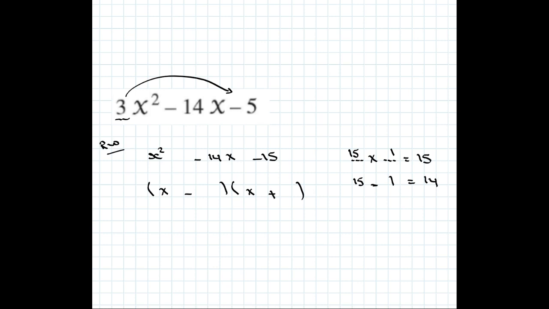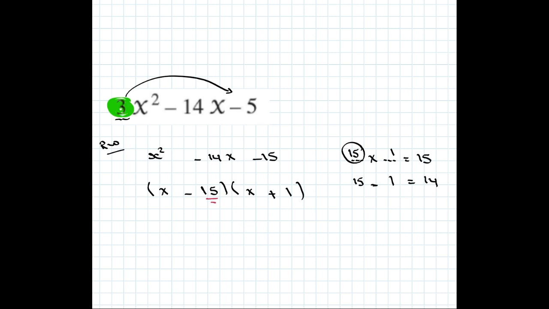I know you all know that. The product of the two numbers is 15 and 1. The greater number 15 will be written with the negative sign because the middle term is negative. 15 and 1. Now we will divide both terms by 3, which is the coefficient of x squared in the hard trinomial.